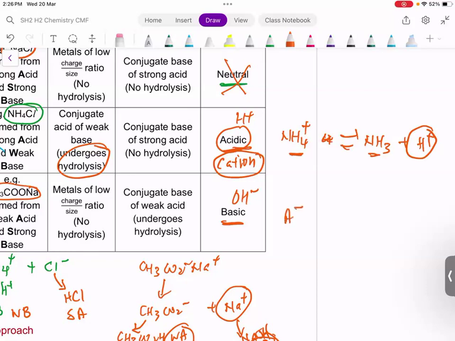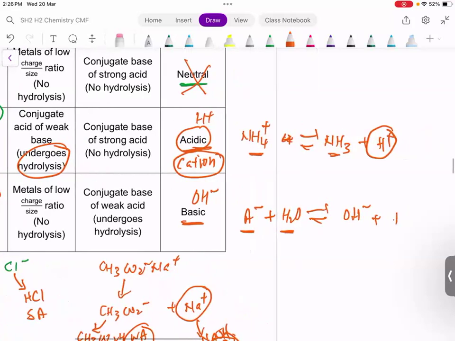It must come from the anion. The anion is negative, and it will be responsible for giving out OH-. Remember, this is the base, and a base needs water to be around to exhibit the basic property. Because OH- is released, it is a basic salt.